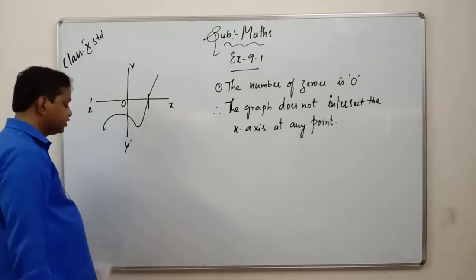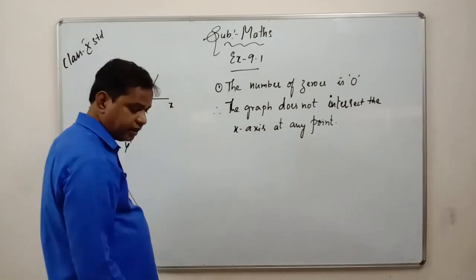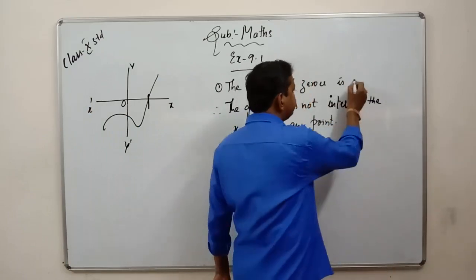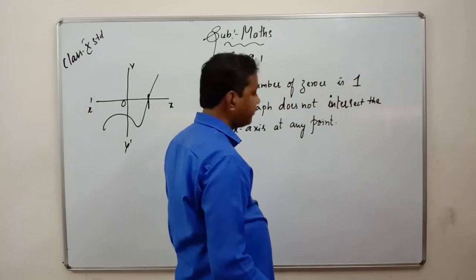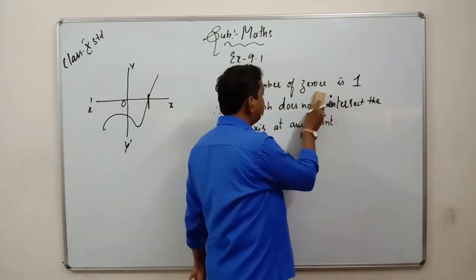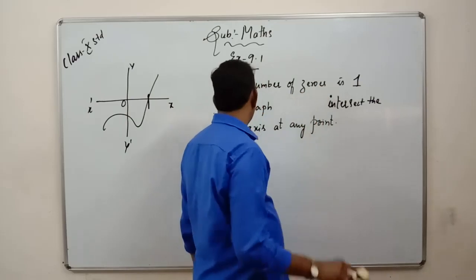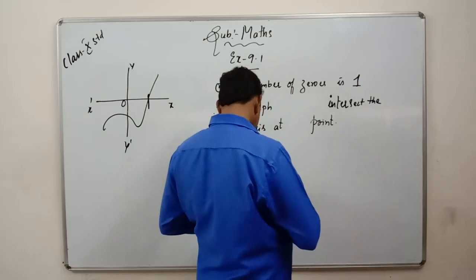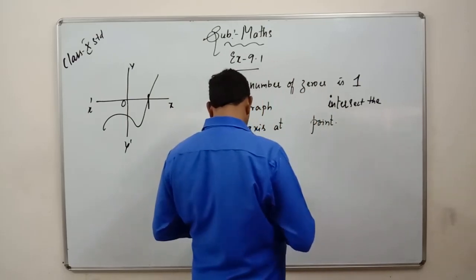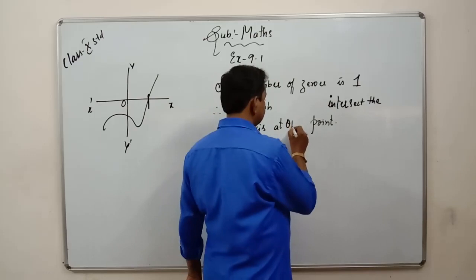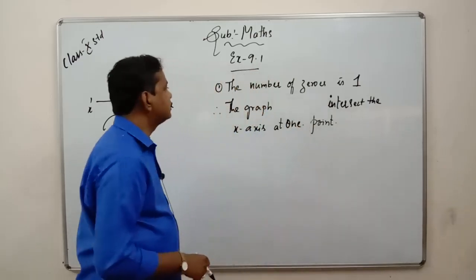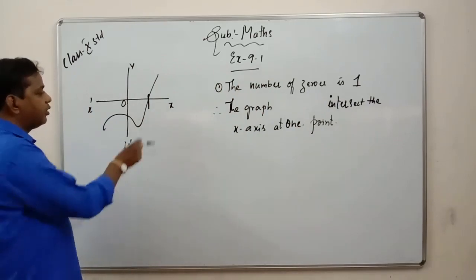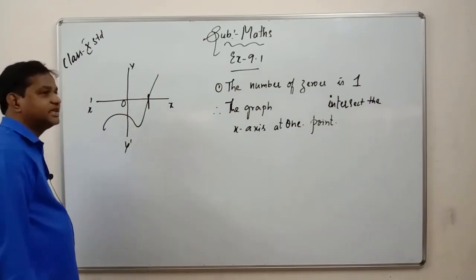Therefore, the number of zeros here is 1 only. So instead of 0, you make it 1. The graph intersects the x-axis at 1 point. Because this graph is intersecting the x-axis at only 1 point, therefore the number of zeros is 1.